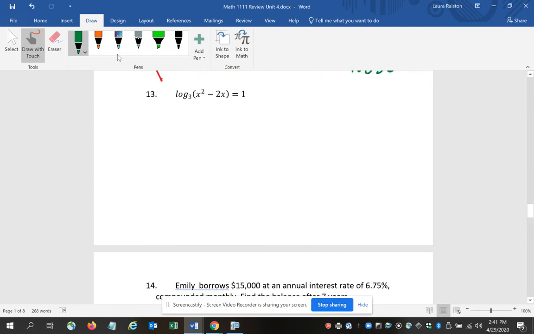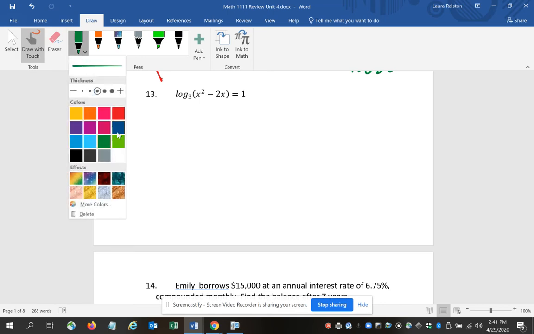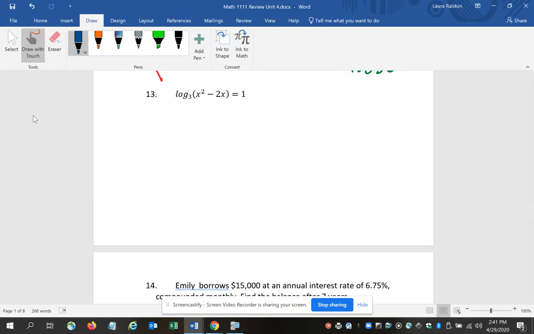Okay, number 13. Log base 3 of x squared minus 2x equals 1. And again, I recognize it as a logarithmic equation because it has log in it. It's a base 3, so I need to use an exponential of base 3 to help me solve it.